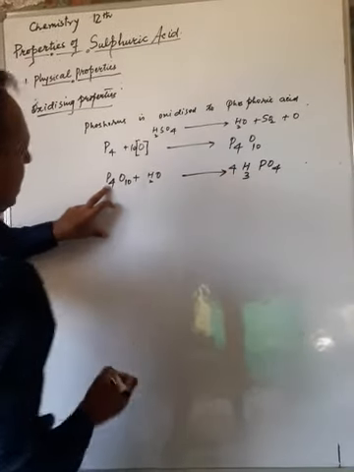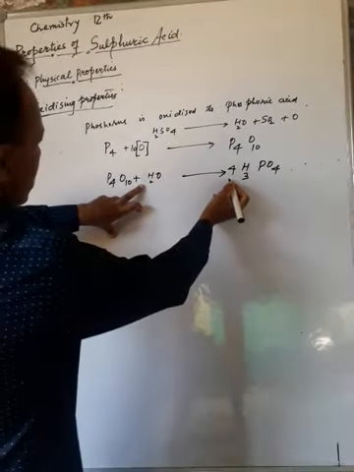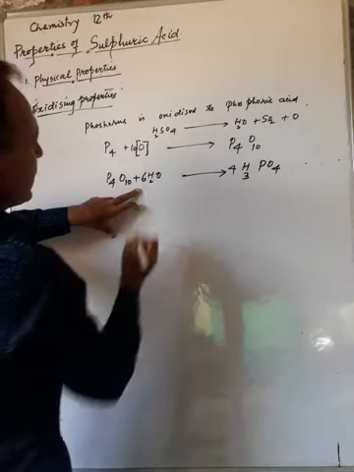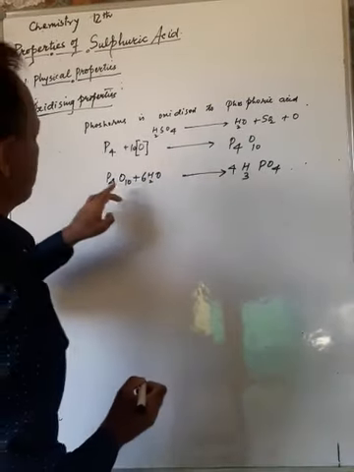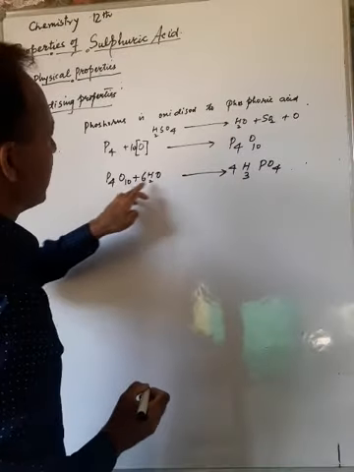Hydrogen we have 12 times, oxygen 16 times.